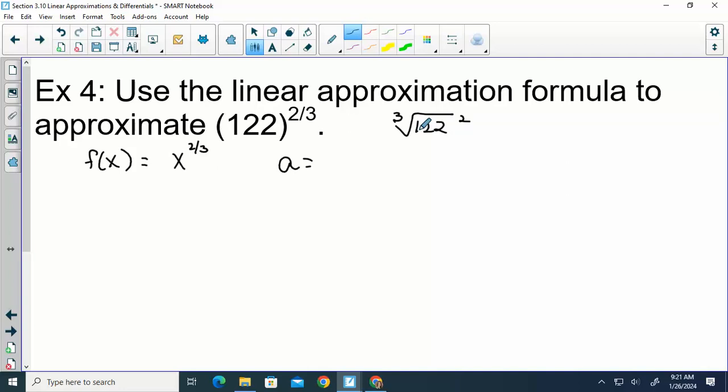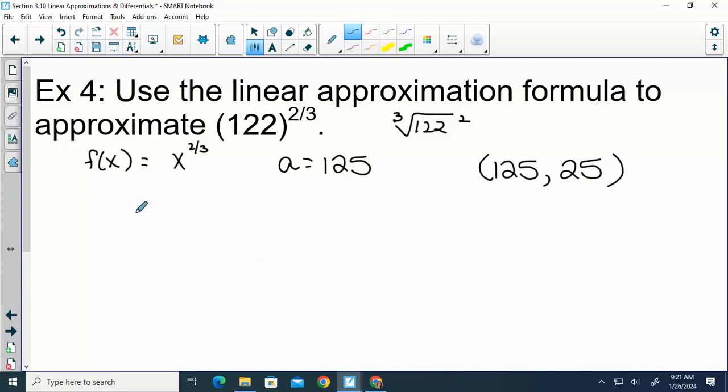A perfect cube is like 2 to the 3rd power is 8, 3 to the 3rd, 4 to the 3rd, 5 to the 3rd, 125. So that's going to be the best value for us. So our point, if we put in 125, the cube root of 125 is 5, and 5 to the 2nd is 25. So there's our point.